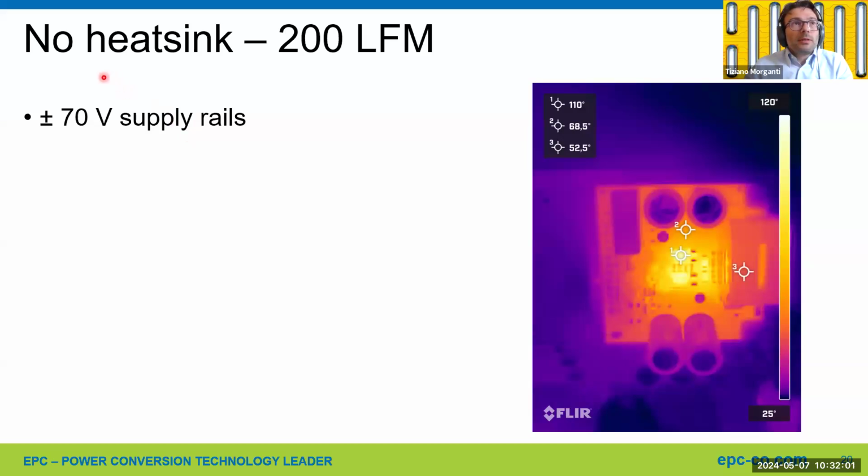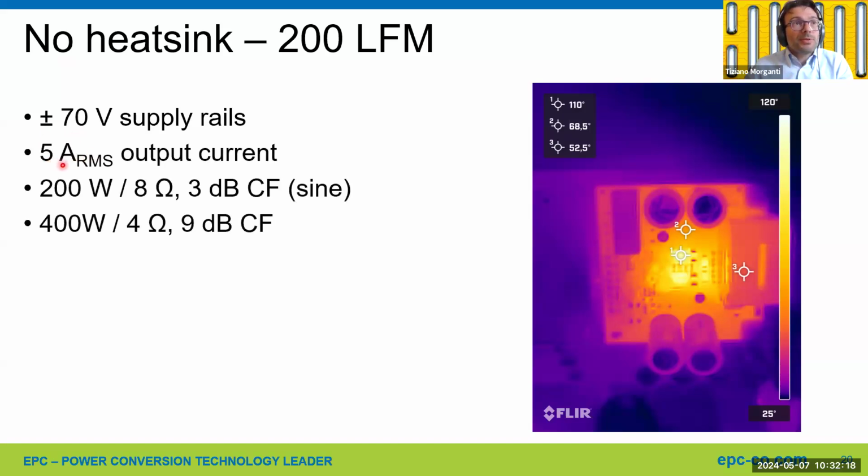So this is a more challenging condition, no heatsink with some ventilation, not very strong airflow. The rails are at plus minus 70 volts, 5 amps RMS of output current, which is about 200 watts on 8 ohm sine wave power, or 400 watts on 4 ohm, 9 dB crest factor.